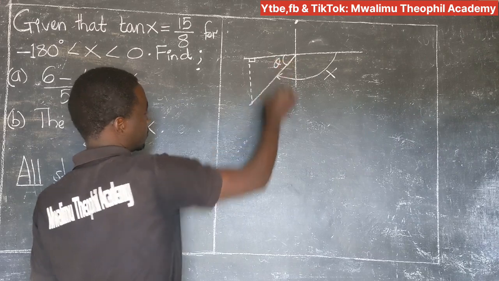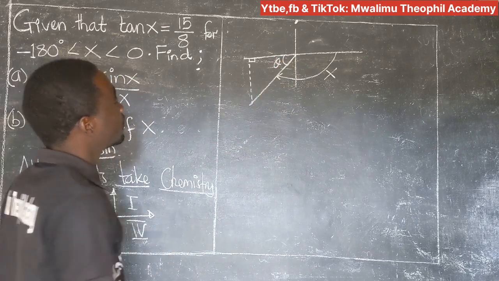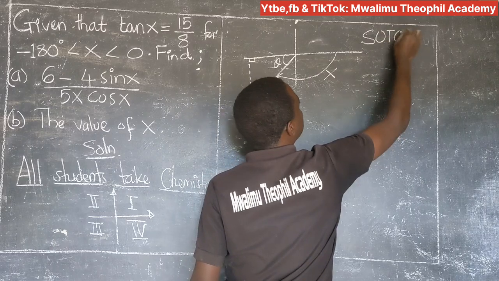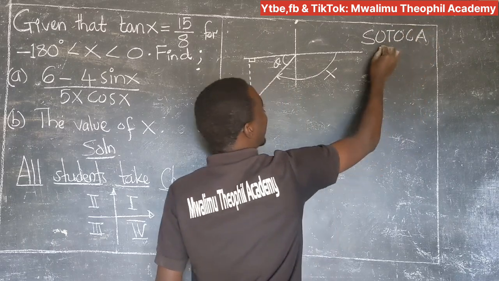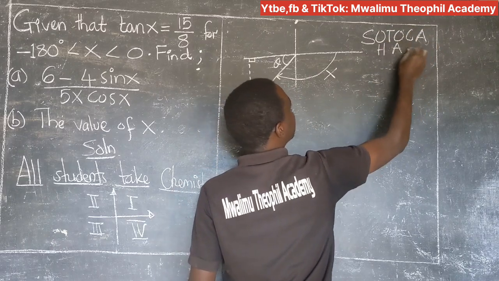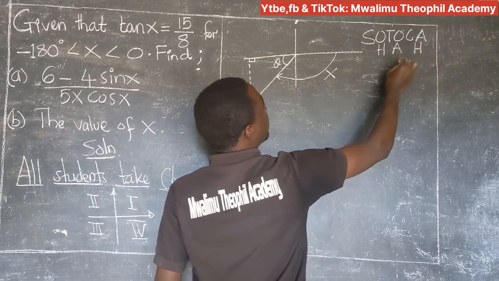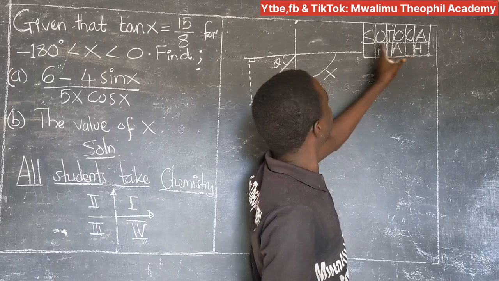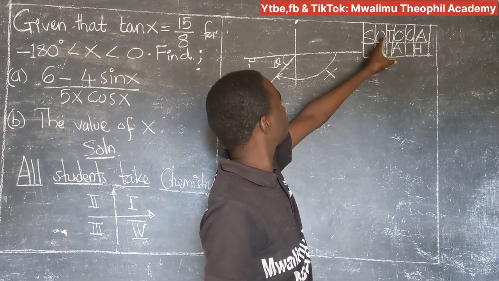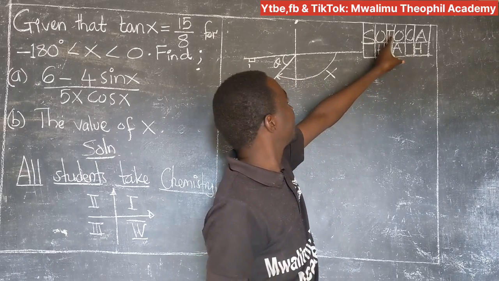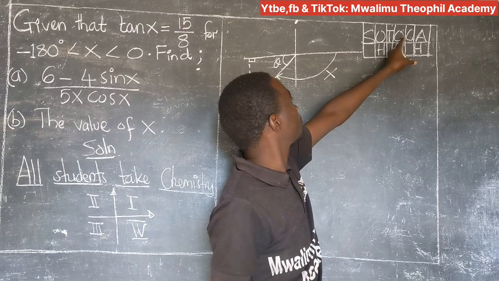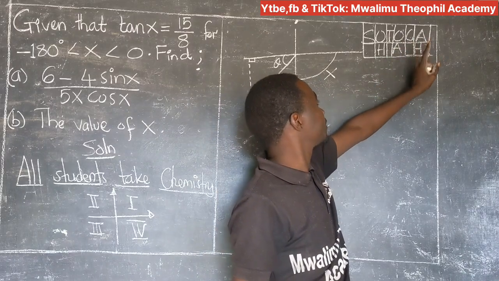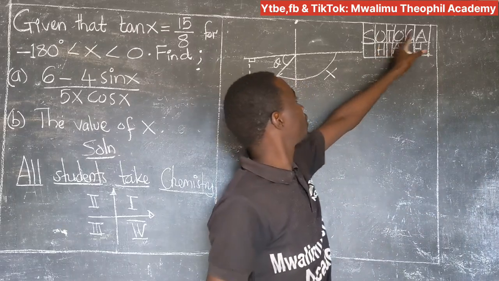We know from SOH CAH TOA that sine of a given angle is equal to opposite divided by hypotenuse. Tangent of a given angle is equal to opposite over adjacent. Cosine of a given angle is equal to adjacent over hypotenuse. SOH CAH TOA.